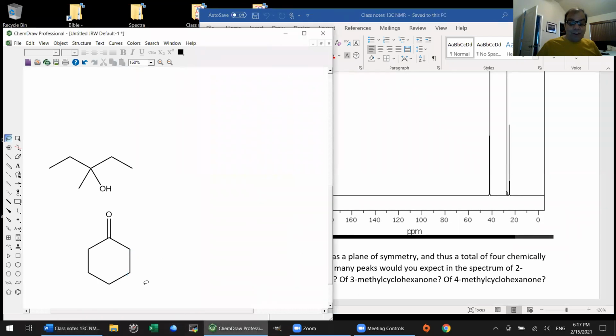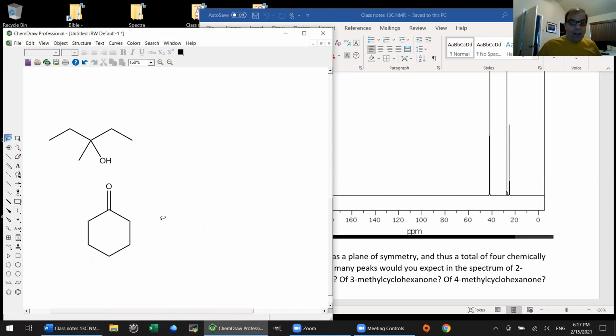What if we started putting methyls into this and breaking the symmetry in the molecule? Of course, if we added a methyl on carbon 4 like this, there's still a plane of symmetry running down the molecule. So instead of seeing 4 peaks, I expected we'd see 5. There'd still be another peak for this methyl group, but there's still a plane of symmetry, right?